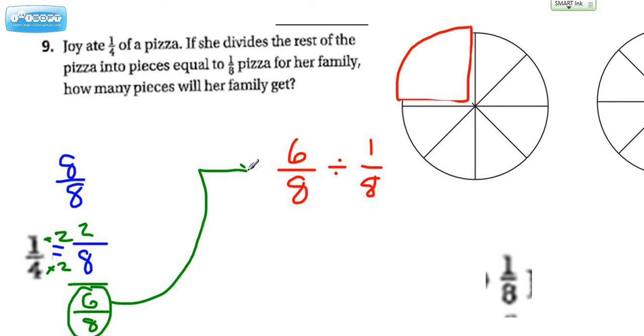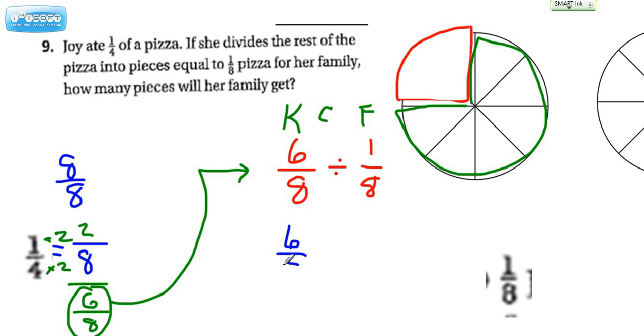And now we're going to take that quantity and divide it into equal groups of 1/8. So this is the algorithm that we're going to be doing. Now remember, when you divide, we say to ourselves, keep, change, flip. We keep the dividend. We change division to multiplication, and we change the divisor to its reciprocal.